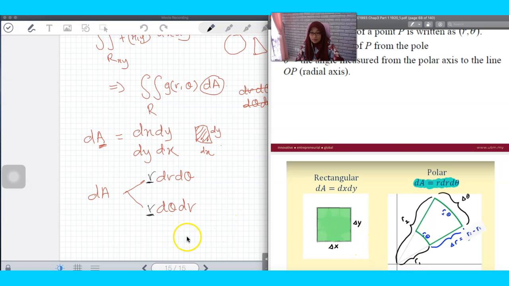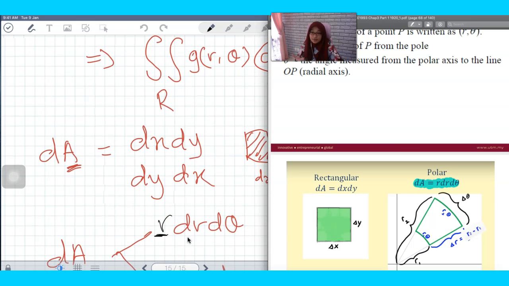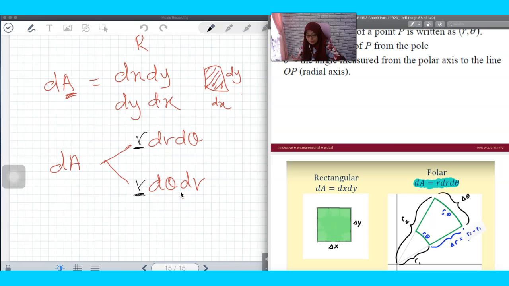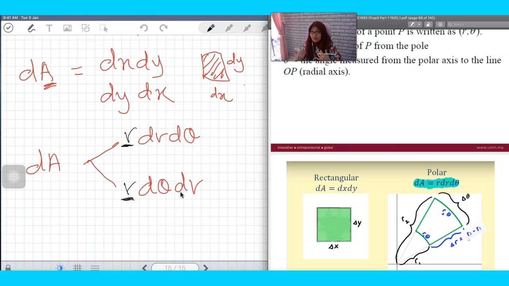Normally, the simplest way to determine the r and theta is not like the Cartesian, where you can have dx dy or dy dx. Both are common. But for polar, the simpler form always belongs to dr d theta, so you can see this all the time.